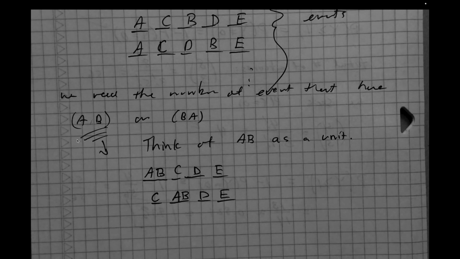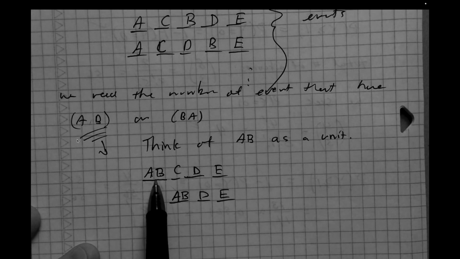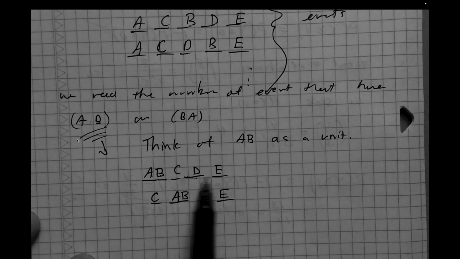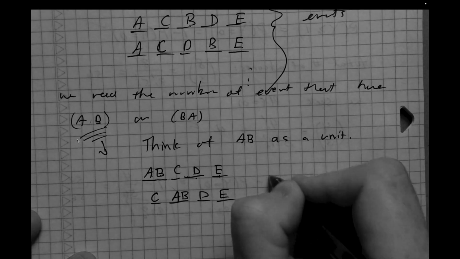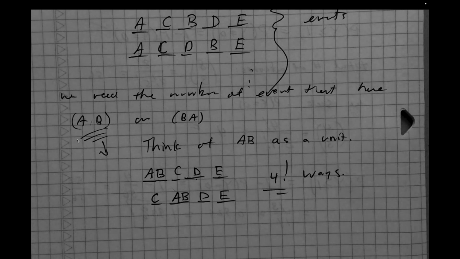When we think of it like this, what we're really trying to do is arrange 4 objects. Instead of arranging 5 objects, we think of A and B as being one of the objects. This is straightforward to enumerate: I've got 4 choices for the first spot, 3 for the second, 2 for the third, and 1 for the remaining. So this is 4 factorial ways. Very simple.